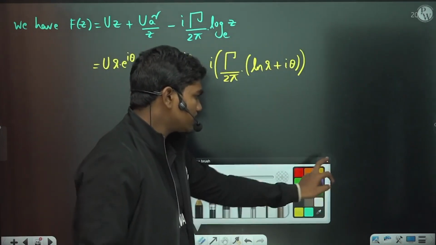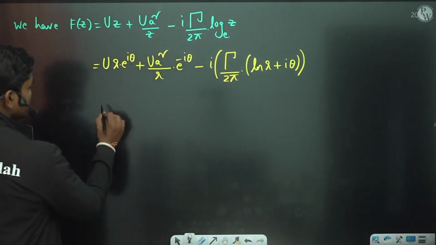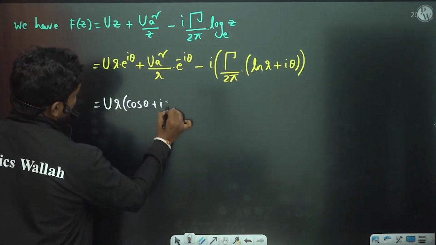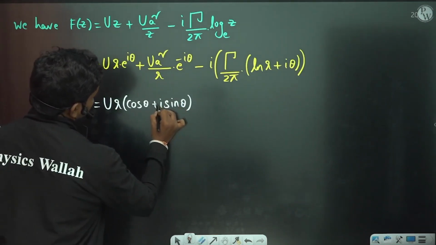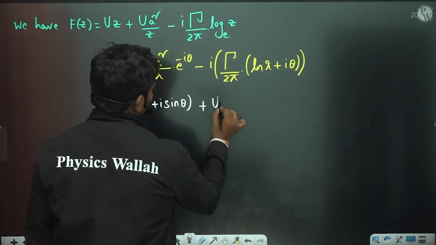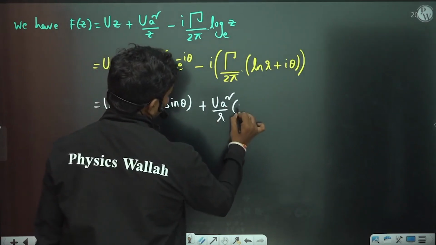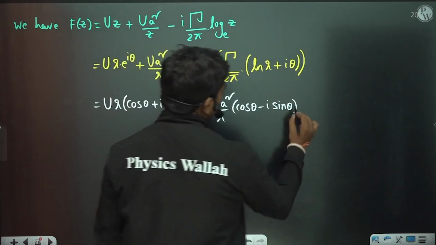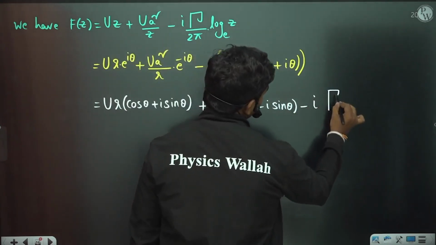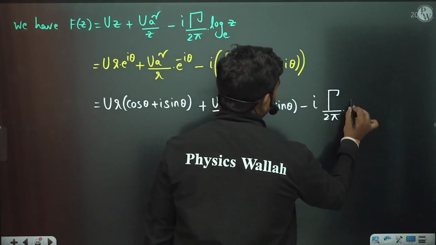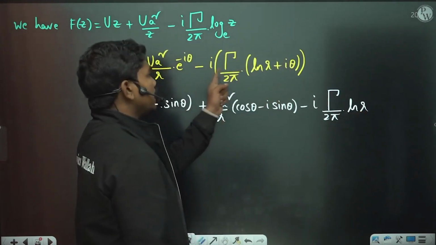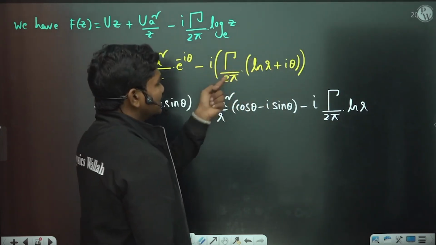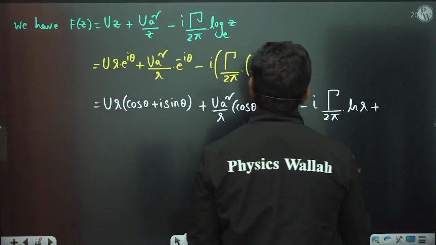If you try to keep the real terms and imaginary terms separately, you get u r (cos theta plus i sin theta) plus u a square by r times (cos theta minus i sin theta), minus i times circulation by 2 pi times ln r, and minus i into plus i, so total minus i square, that gives you plus 1 actually, so plus circulation by 2 pi times theta.